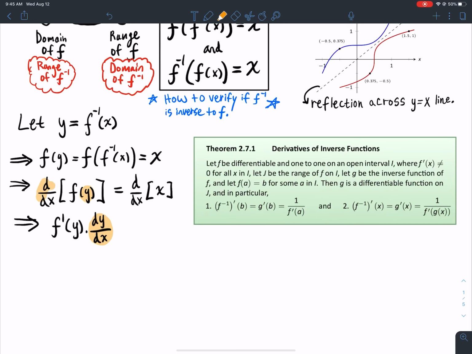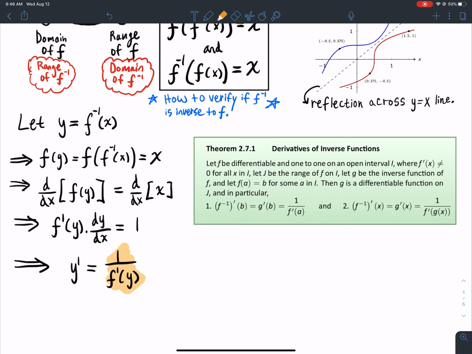The derivative of y with respect to x is dy dx, or y prime. Now the derivative of x is just 1. And if I'm going to solve for the derivative dy dx, I need to divide both sides by f prime of y. And so when I do that, I get 1 over f prime of y here.